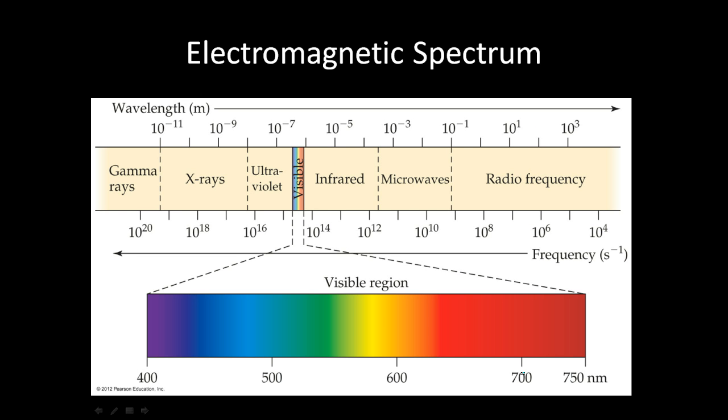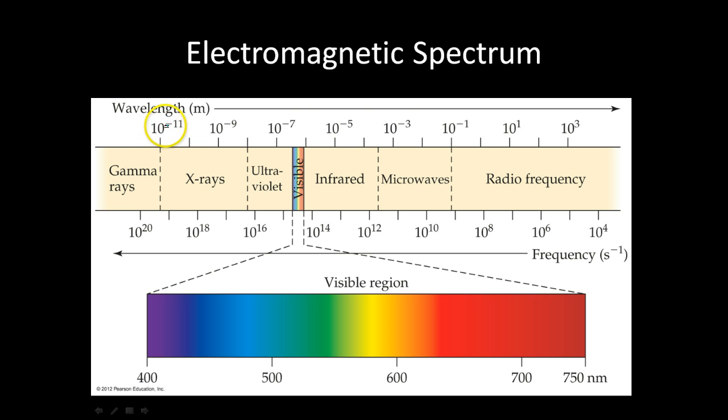So the electromagnetic radiation spectrum contains all types of light that we know of. Light is just a common term for electromagnetic radiation and is mostly used for visible light, okay? But can be used for other forms of light. As you notice here, the frequency is increasing from right to left, and wavelength is increasing from left to right. Since these two are inversely proportional, this makes sense.